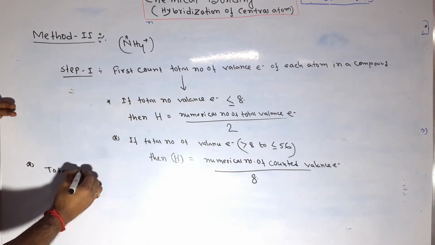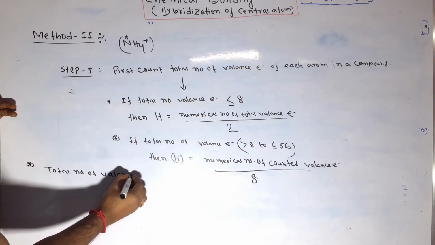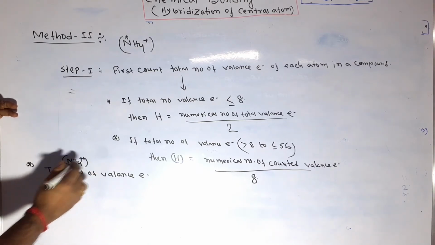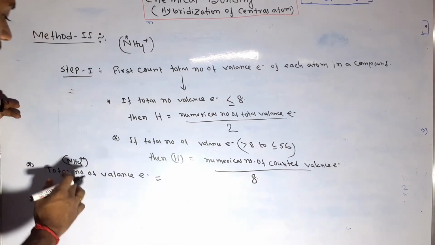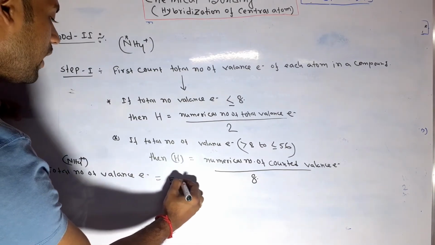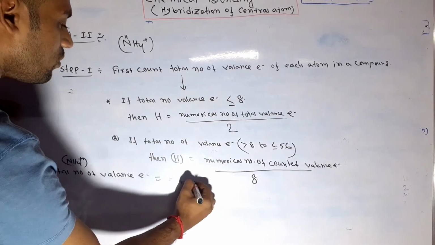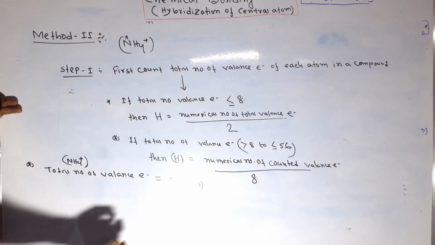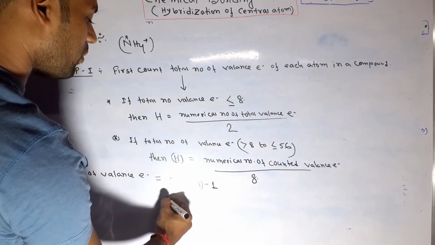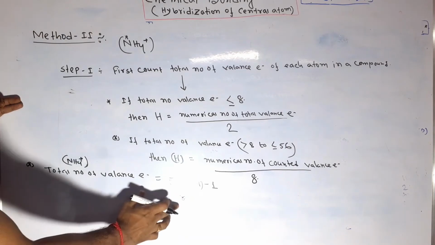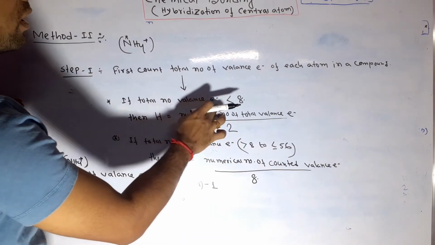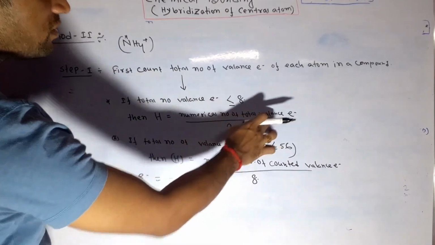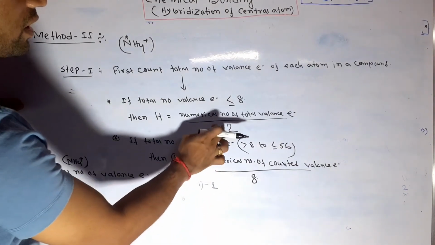Nitrogen has 5 valence electrons, hydrogen has 1 and there are 4 hydrogen atoms, so 1 into 4. The positive charge means 1 electron is deficient. So the total number of valence electrons is 8. Which limit applies? If the total number of valence electrons is less than or equal to 8, the hybridization number is the total valence electrons divided by 2.